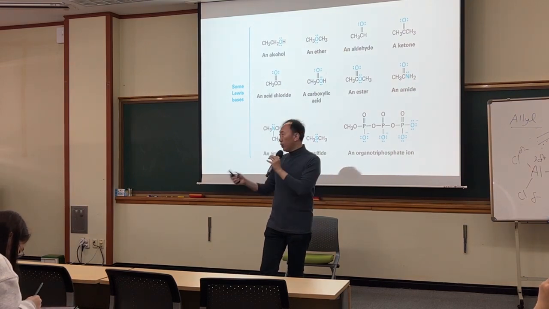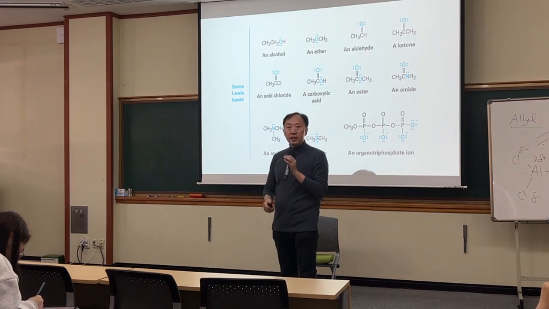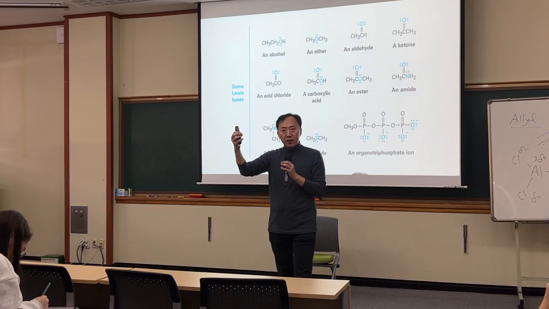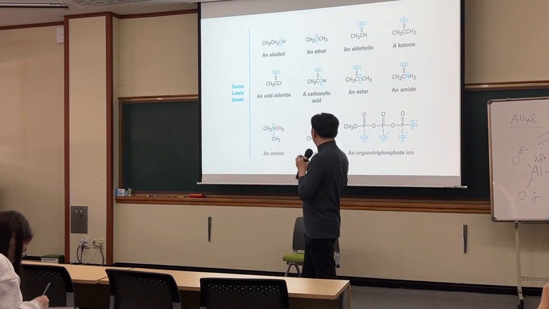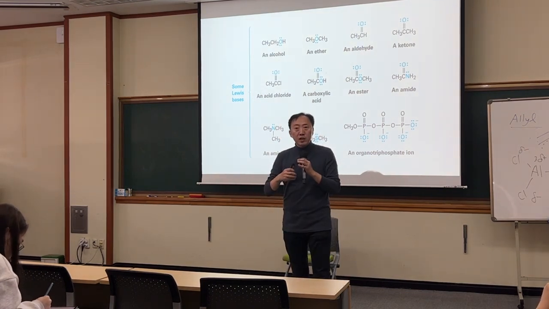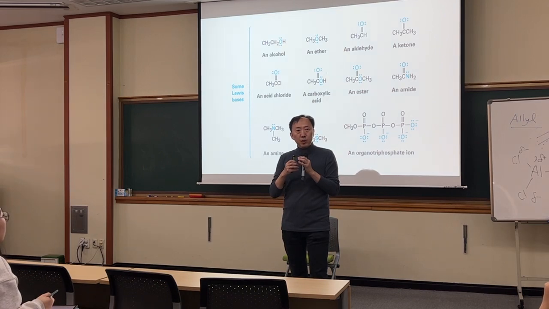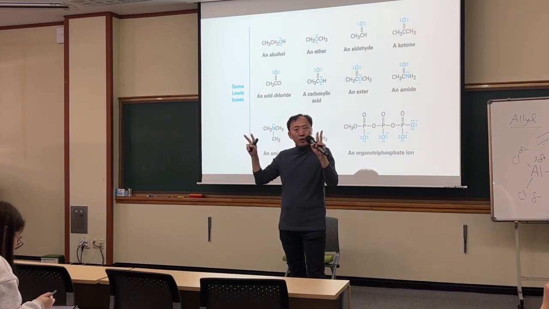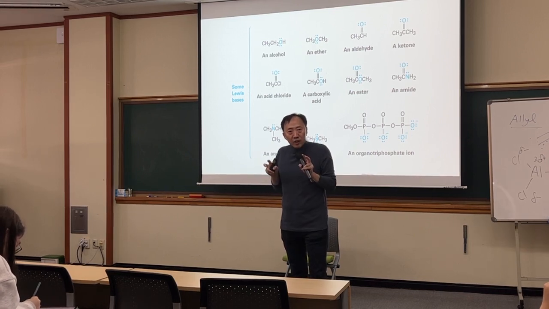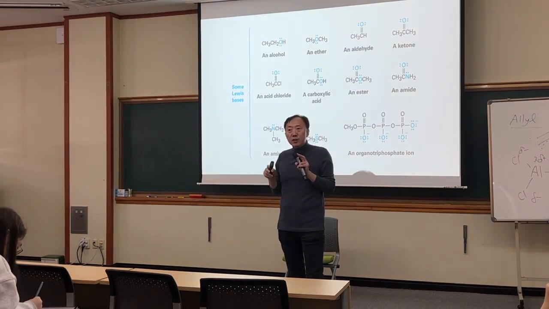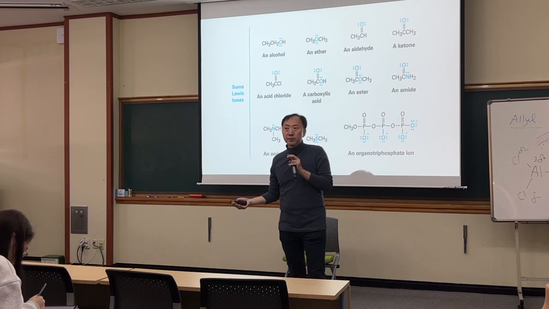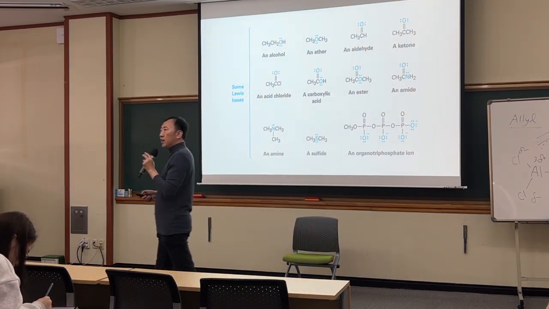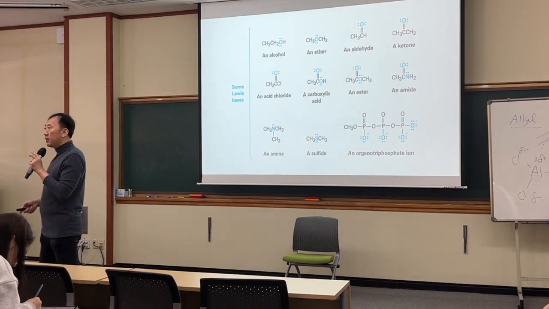That's why, even though it has one electron pair here, the attracting force to the nucleus is only one unit. In the oxygen case, it has one more charge on the nucleus. That's why it has a stronger attracting force. So those two electron pairs are more attached to the oxygen. It's more difficult to donate. Okay. That's the explanation of why nitrogen is a stronger base than oxygen.